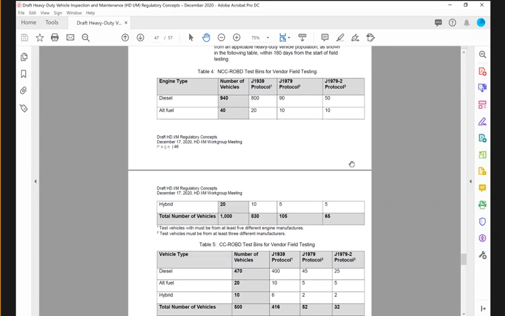Okay, that's great. In one other place earlier, and I don't have it specifically in front of me, there was a reference to the fact that the devices need to work on both J1939 and J1979.